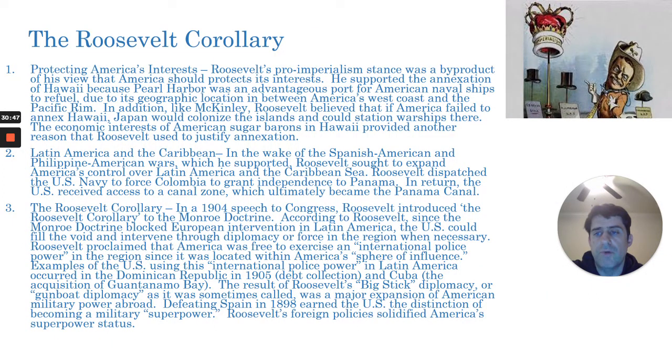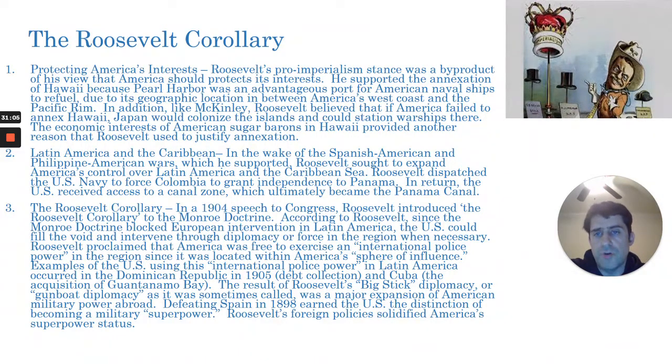Let's move on from Hawaii now and specifically discuss Latin America and the Caribbean. We've talked quite a bit about the Spanish-American War and the Philippine-American War in the last couple of lectures, including today's lecture.